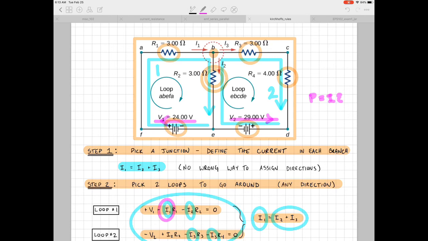And then for each of the resistors, the power dissipated will be either I times delta V, or I squared R, or delta V squared over R. Any of those three will give you the same value for the power dissipated for each of those individual resistors.